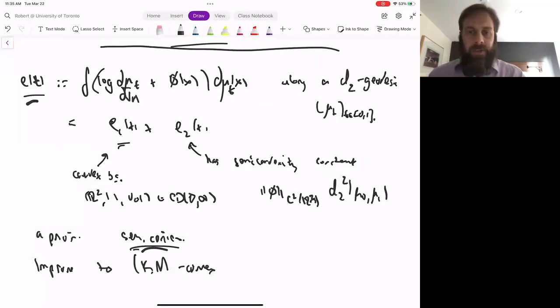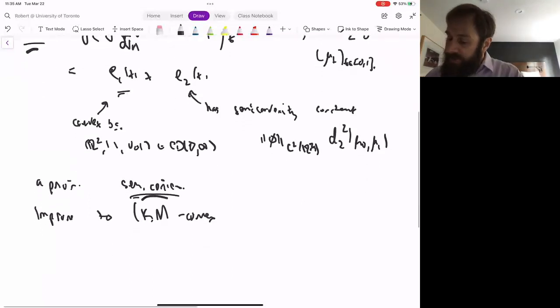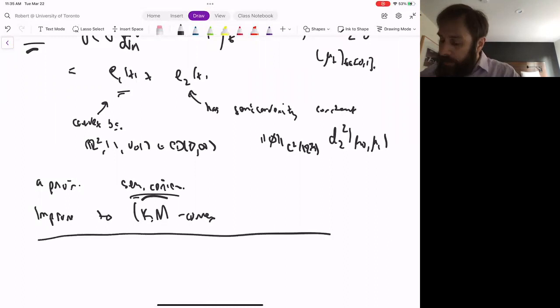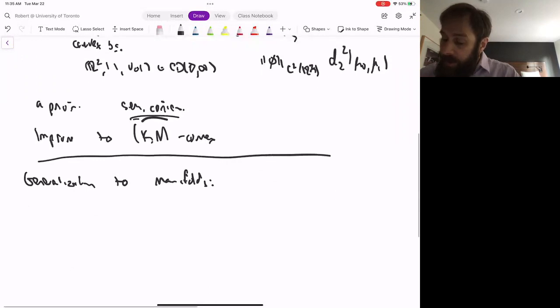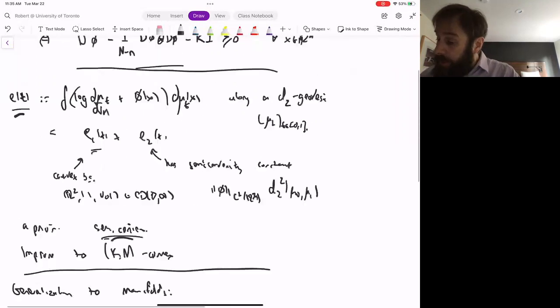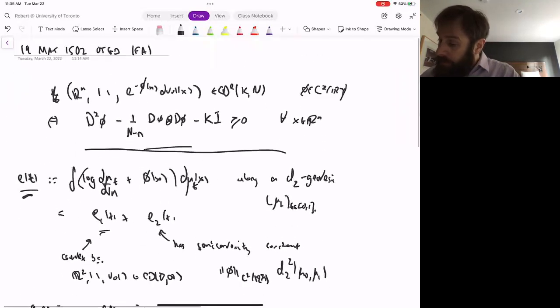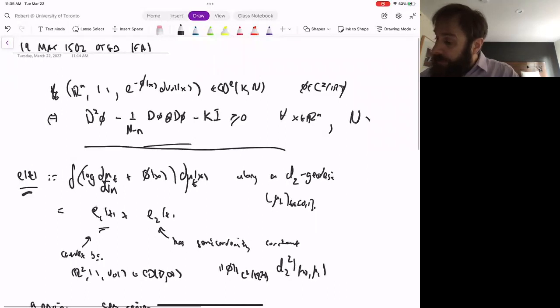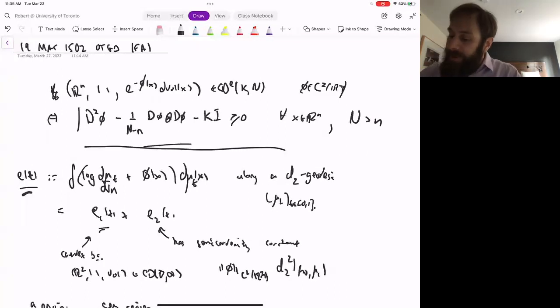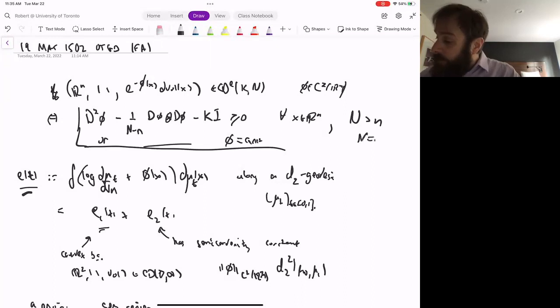And I should also mention the generalization to Riemannian manifolds. It says something like: a Riemannian manifold with its Riemannian distance and Riemannian volume, weighted with a density e to the minus phi. If that's true, and if N is bigger than n, then it's either this or phi is constant and N is equal to n.